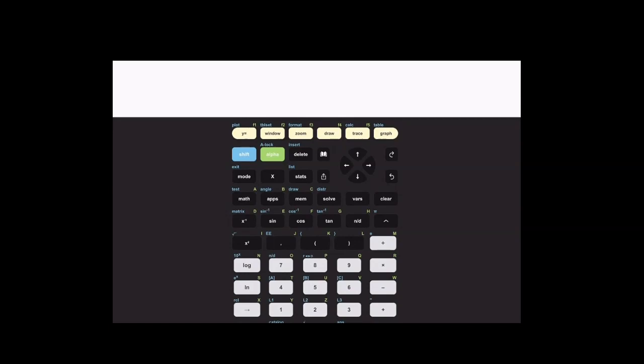Plus parentheses 2 plus 0.02 close parentheses squared times 0.15, plus parentheses 8 plus 0.02 close parentheses squared times 0.04 close parentheses, plus parentheses 16 plus 0.02 close parentheses squared times 0.01 close parentheses, enter.